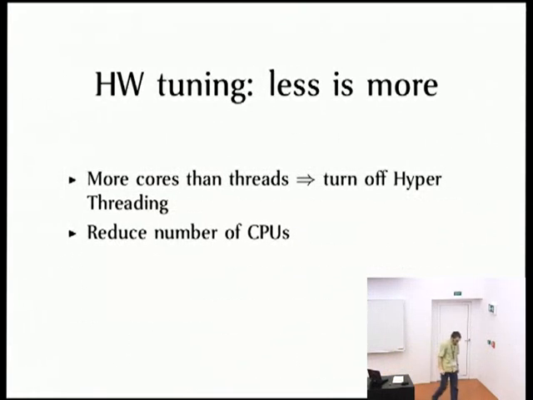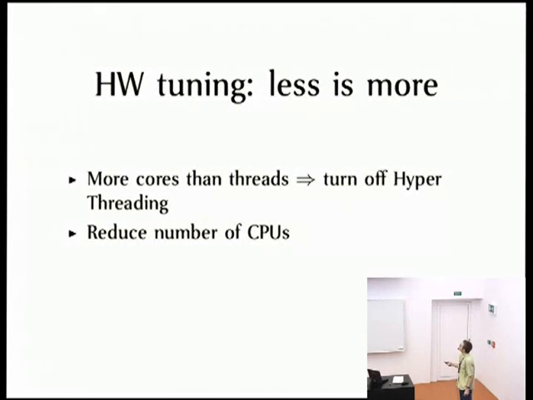And quite a nice optimization is in hardware, because if you have fewer threads than cores, you can disable hyperthreading because it doesn't give you any advantage.